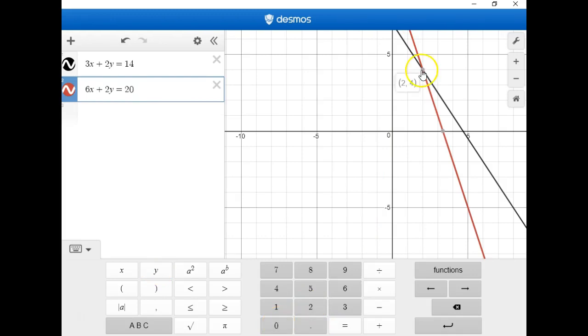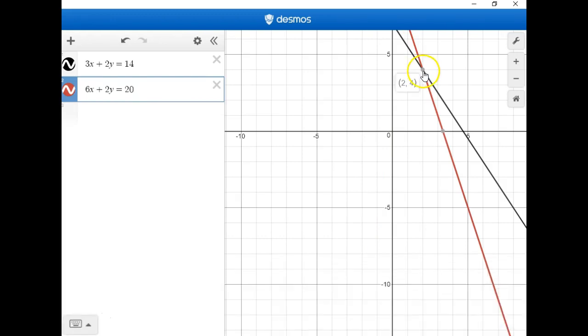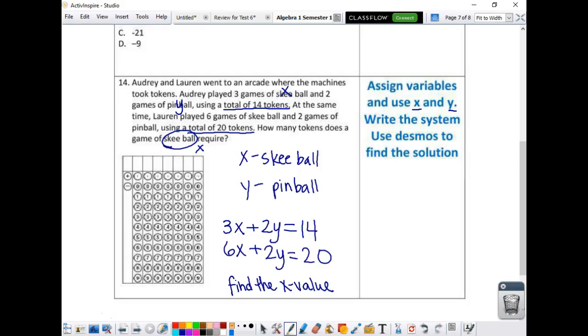Okay, click on your solution. It's the point (2, 4). So the x value is 2. And what that means is that one game of skee-ball requires 2 tokens. So you just write your answer.